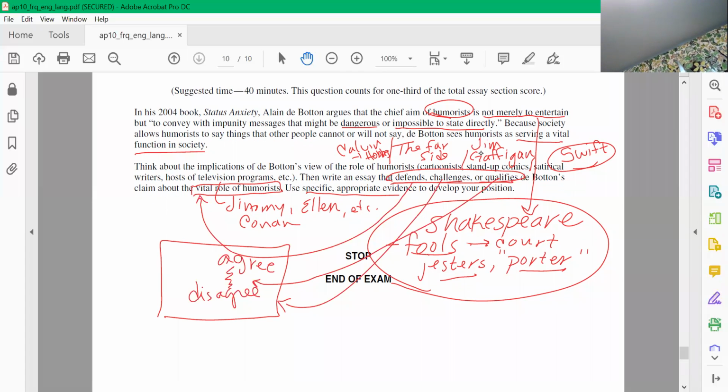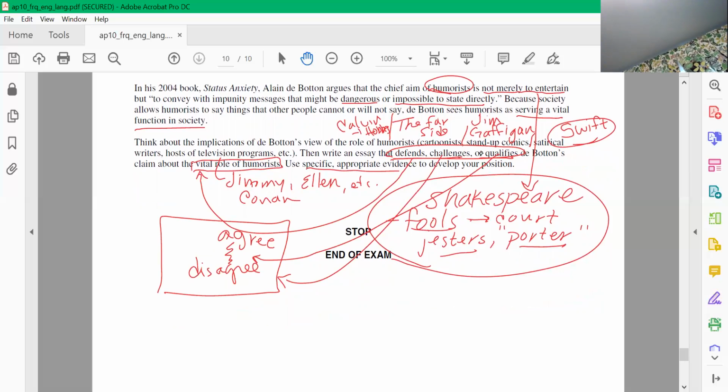My initial reaction to this prompt is that I agree. I think the place where I disagree, maybe a concession I would make, a concession is where you say, hey, I kind of agree with you on this point, agree with the opposition. So one concession I would make is bathroom humor.